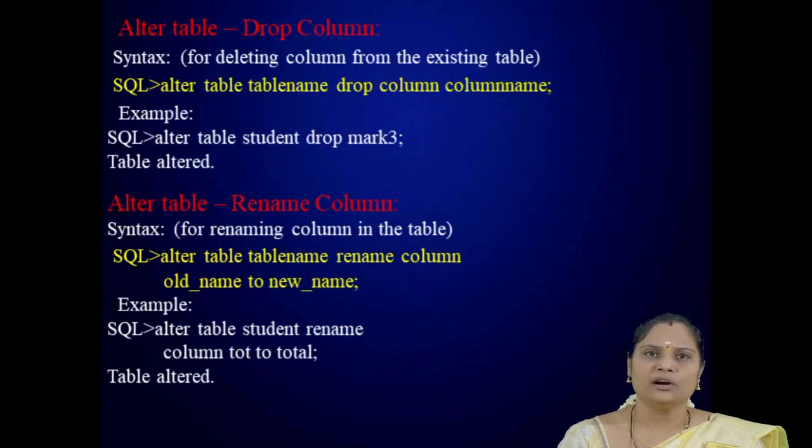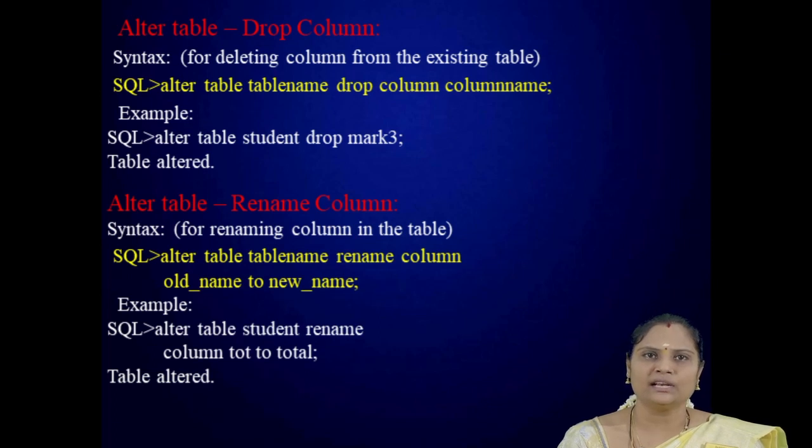If we want to delete any columns from the existing table, we can use alter table along with drop. If we want to delete the column mark 3 from our student table, we write the query as alter table, table name student, drop which column we want to delete.